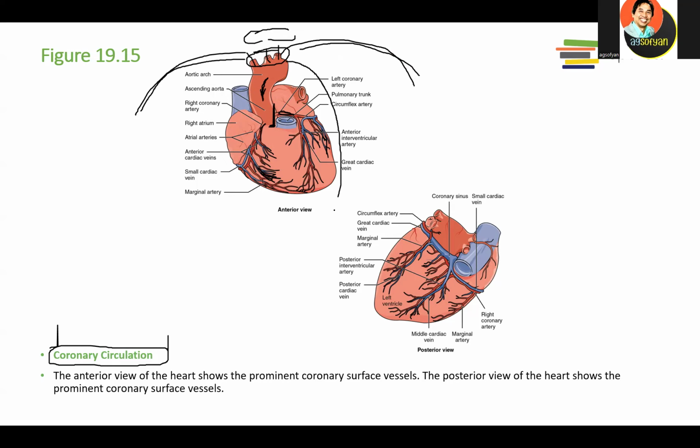And then this aorta will continue going down, bringing the blood into all the organs that we have in our body, including the kidney, liver, stomach, spleen, pancreas.